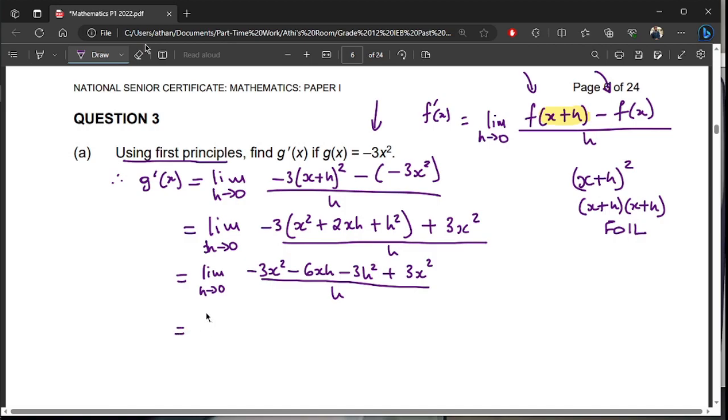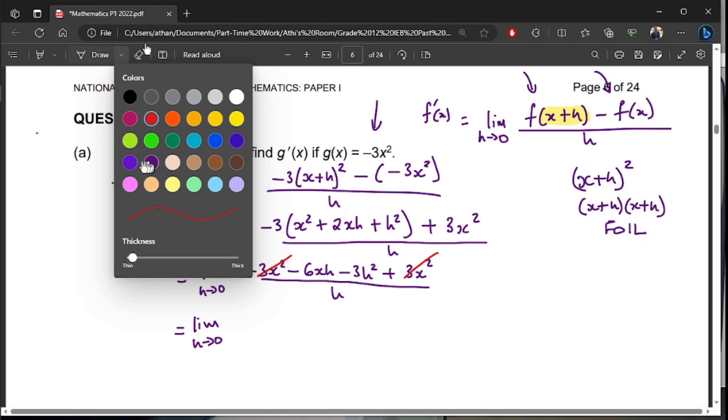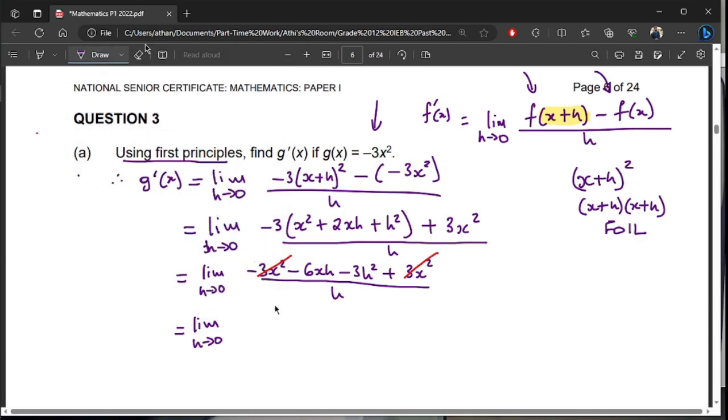And then we further go into the next step, the limit as h approaches 0. If you notice here now, we have got like terms. Negative 3x squared and 3x squared will cancel because they will give you 0. And then we are left now with negative 6xh.